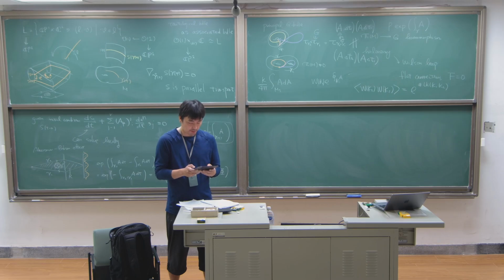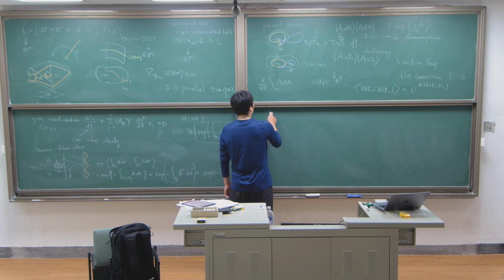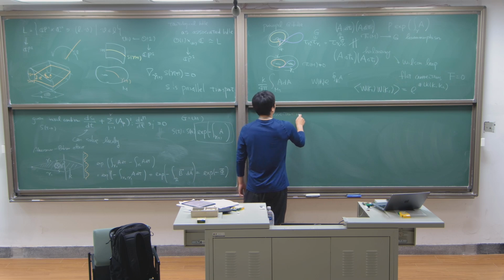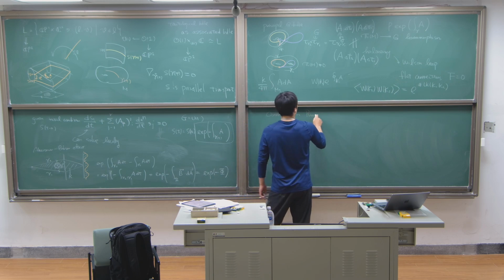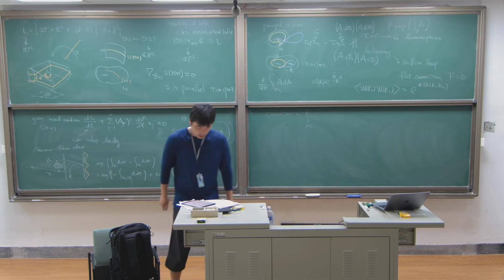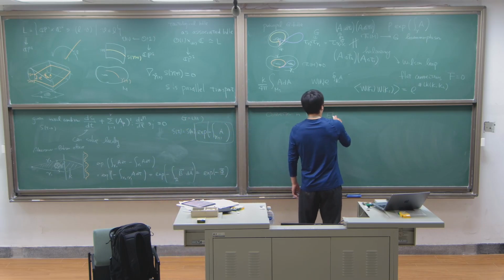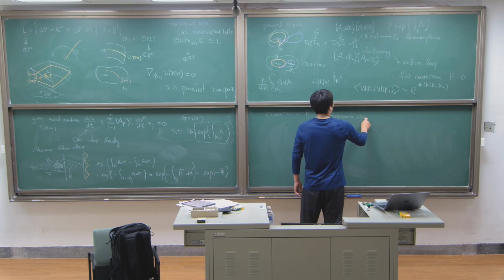I'm going to skip the definition of the connection. You can also introduce the so-called connection in a principal G bundle P to M, called the Ehresmann connection.